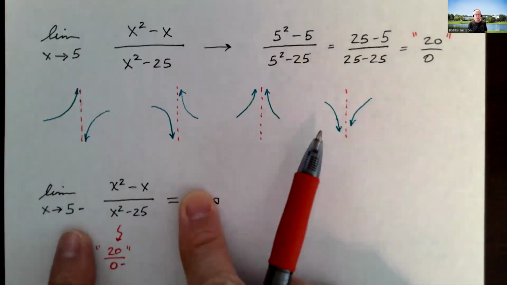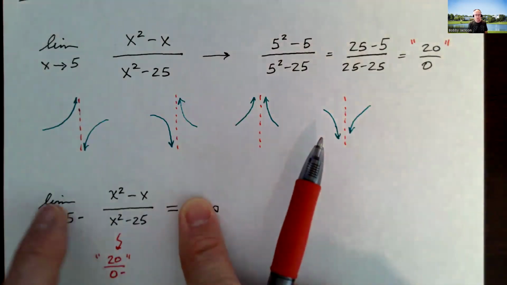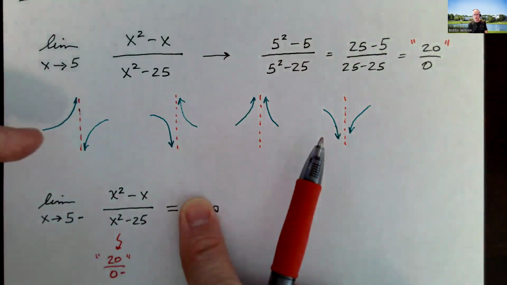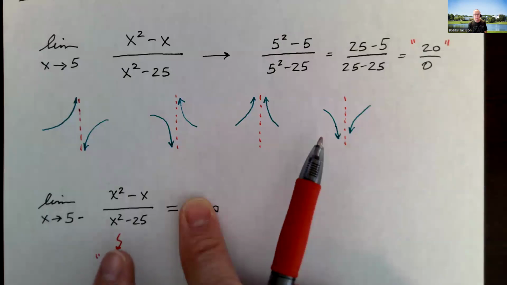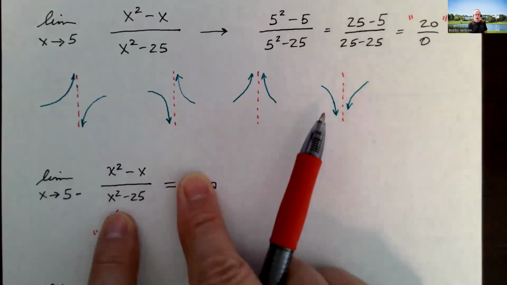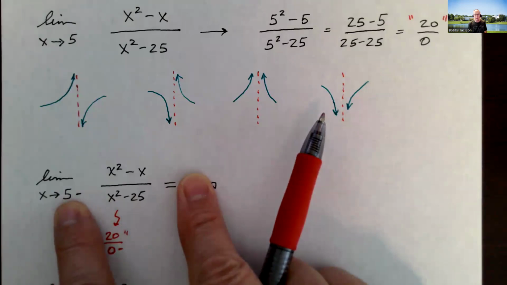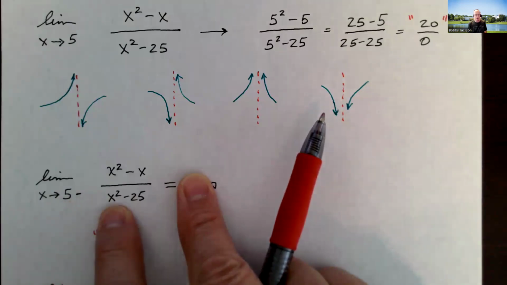Taking the limit as x approaches 5 from the negative side, which means what? We're approaching 5 from below, from the left, or for values less than 5. So obviously, as we get closer and closer to 5 from below, the top is approaching what? It's getting closer and closer to 20, right? 5 squared minus 5, 25 minus 5, is getting closer to 20. The bottom is getting closer and closer to 0, yes. However, since we're always a little bit less than 5, this is never 5, right?